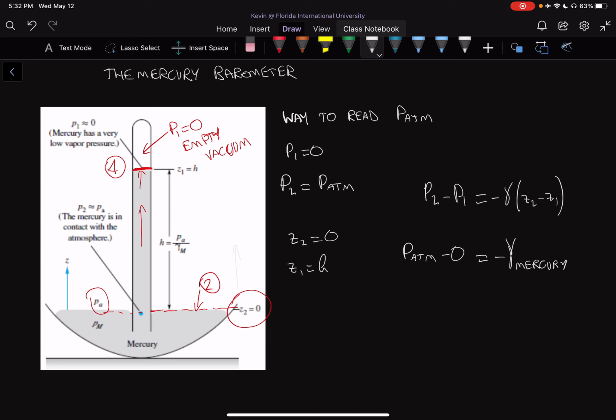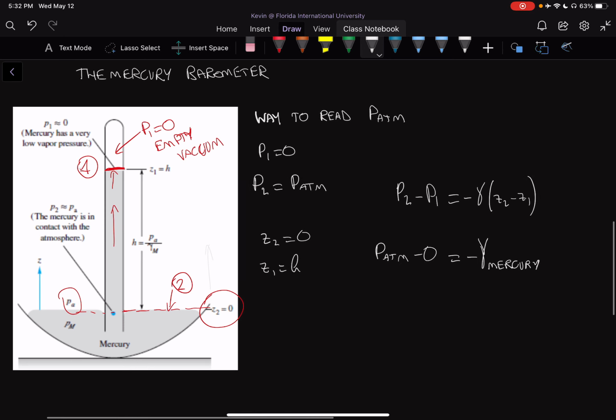Okay, so that's the specific weight of the liquid that has a height difference, multiplied by 0 minus H. Okay, point 1 is negative H. And if we rearrange this equation, so we have a negative here and a negative here, we can see that height is equal to P atmosphere over the specific weight of mercury.